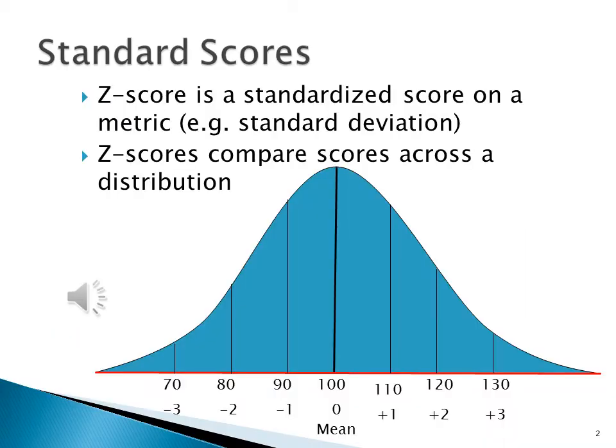While there are many standard scores, we're going to look at the z-score. The z-score is a standardized score on a metric, like standard deviation. And the z-scores compare scores across a distribution.